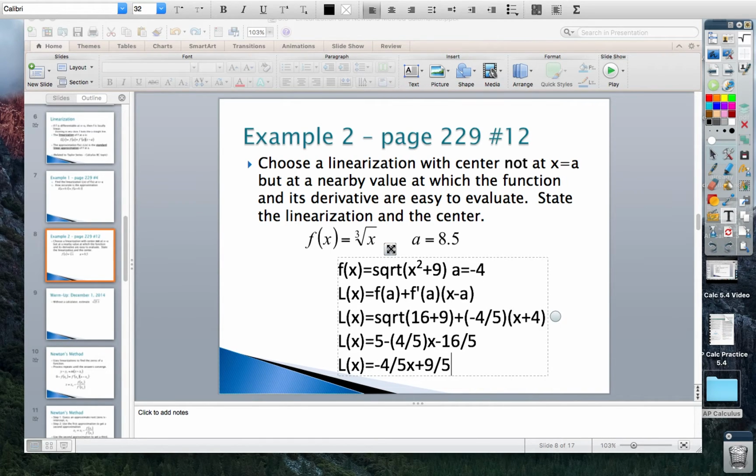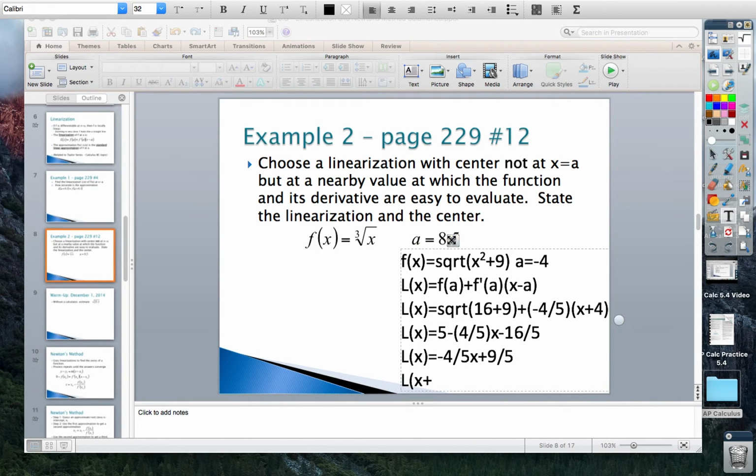Now, the last thing we want to do here, sometimes they'll ask us to approximate with a plus 0.1. So when they ask us to approximate with an added value to the center, we're going to go ahead and substitute that in. So negative 4/5 times 0.1 plus 9/5.